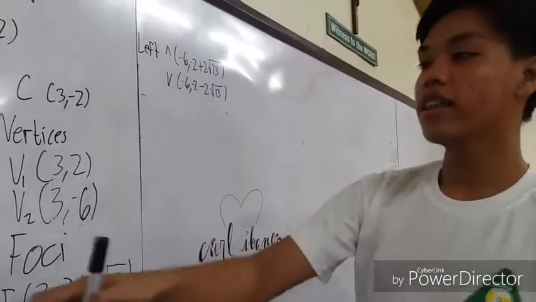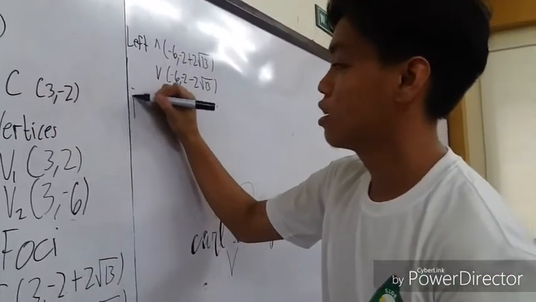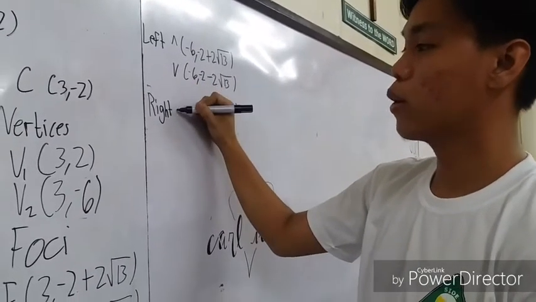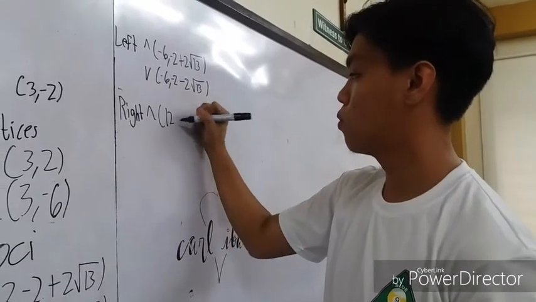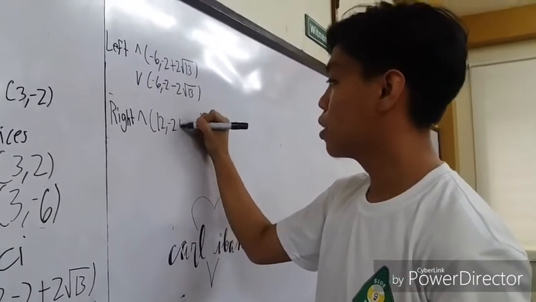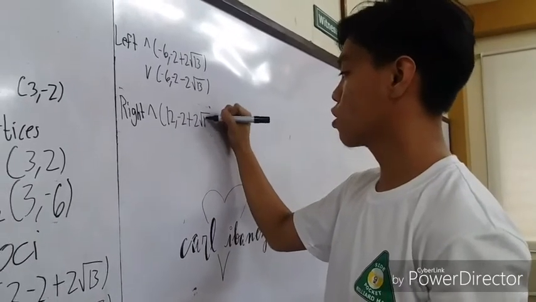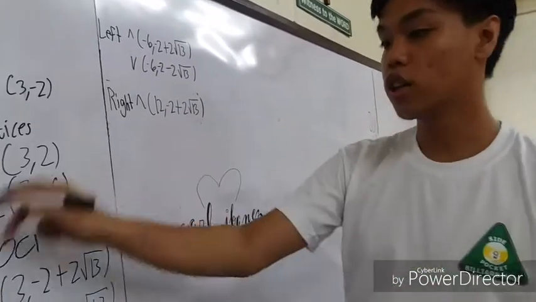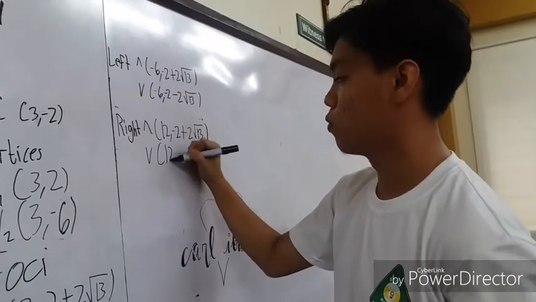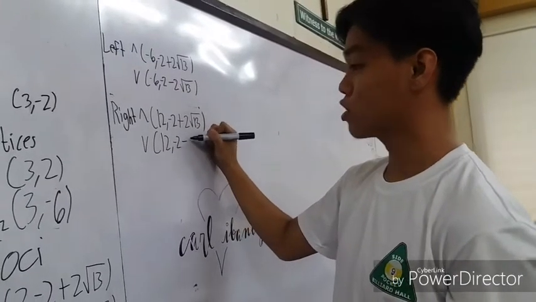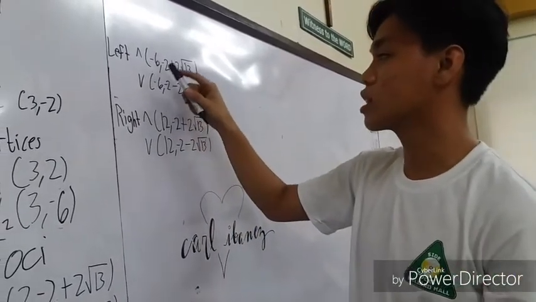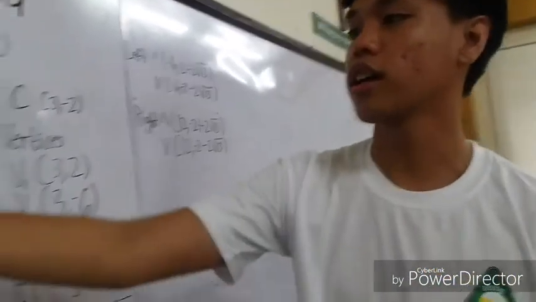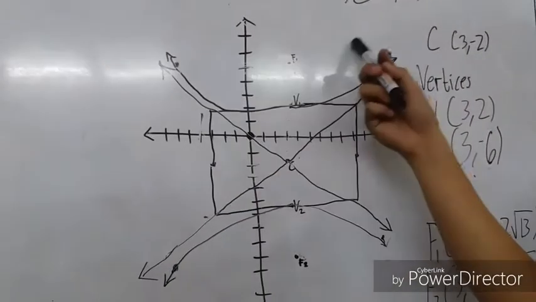Then on the right side, for the lateral rectum, going up, the point has a count of 12, negative 2 plus 2 square root of 13. Then going down, the point has a count of 12, negative 2 minus 2 square root of 13.